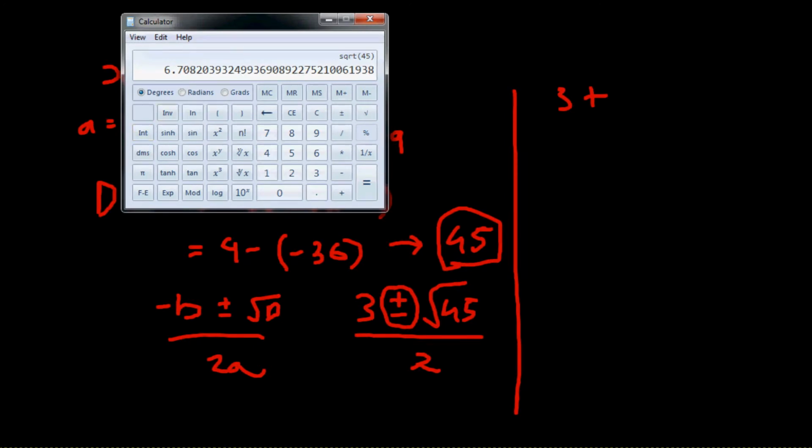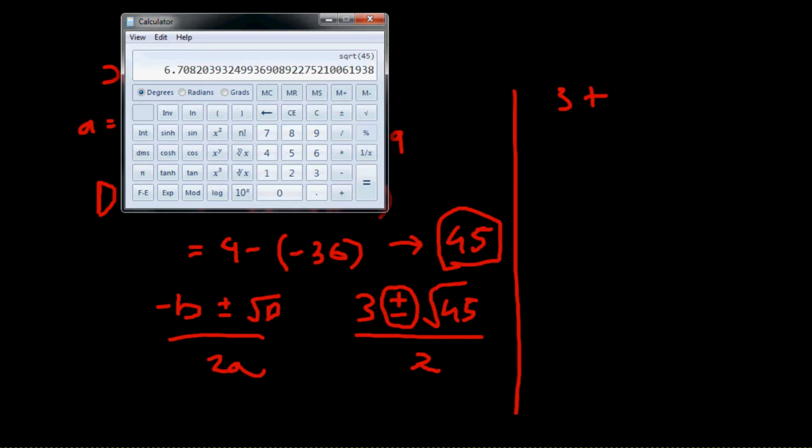We've been asked to solve up to 2 decimal places, and usually when it says that, to be safe, you should always solve up till 3 first and then round it off to 2. So say you've solved it up to 3 and you get 6.708. What you do is just round this off, and I hope you know how to round off. So when you round off, it comes to 6.71.